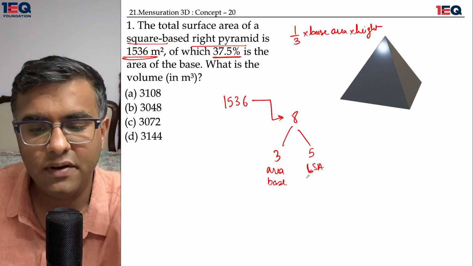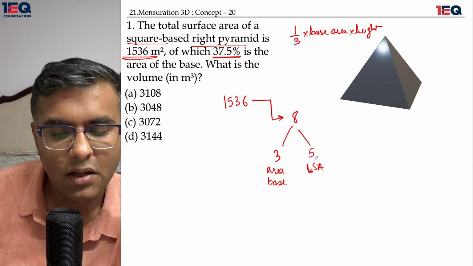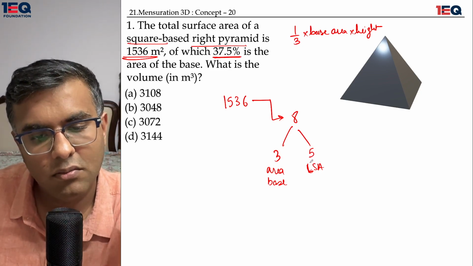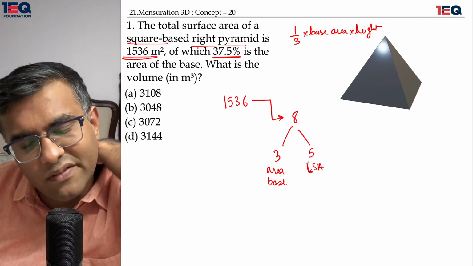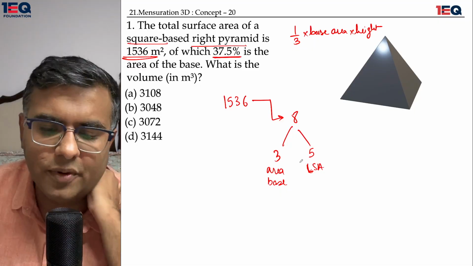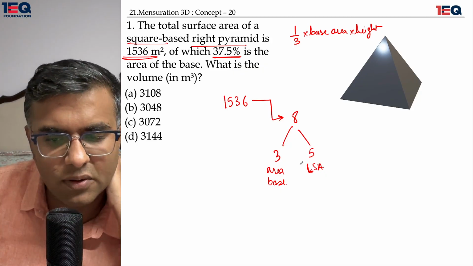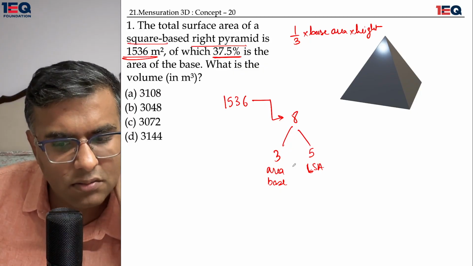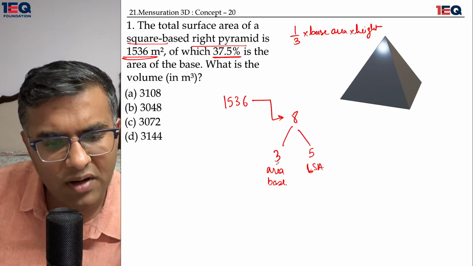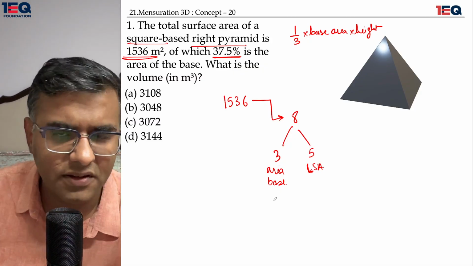So this is what I have achieved out of it by saying that 37.5% is the area of the base and LSA is only 5 out of 8. That is 62.5. So out of the total surface area, let me first find out the area of the base, from which I would be able to calculate the side. So let me figure this out first.